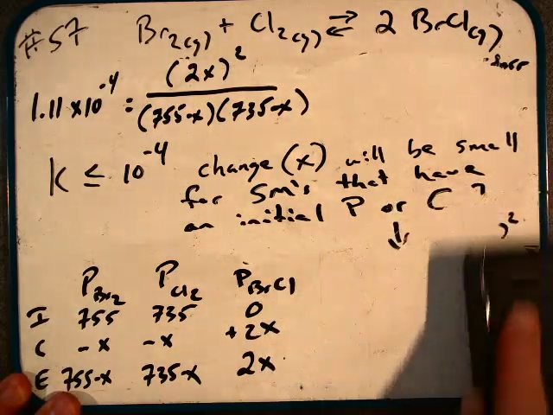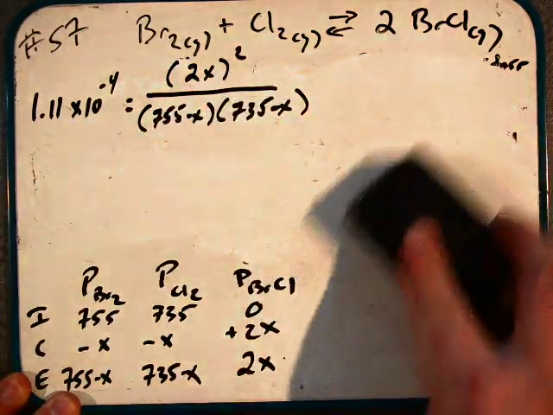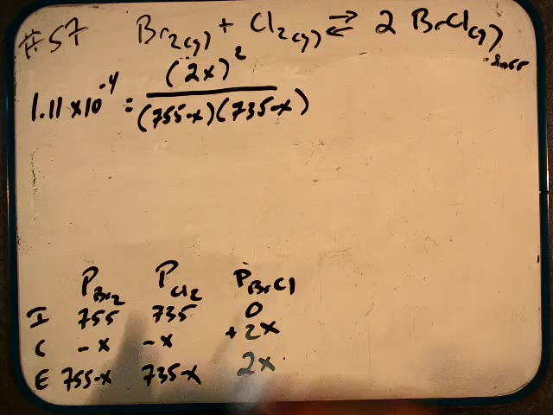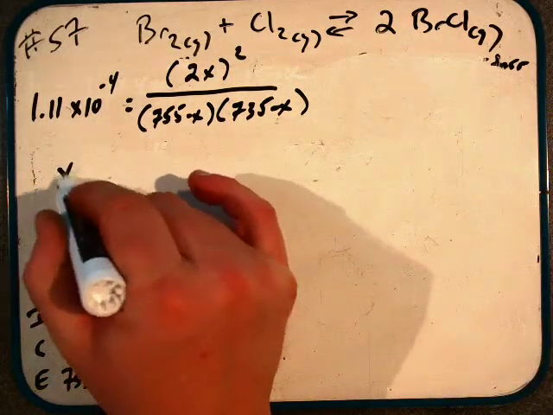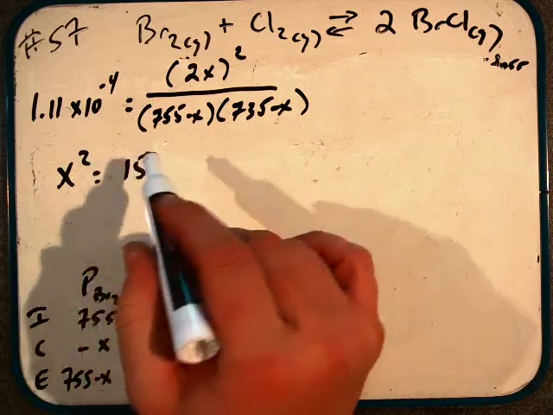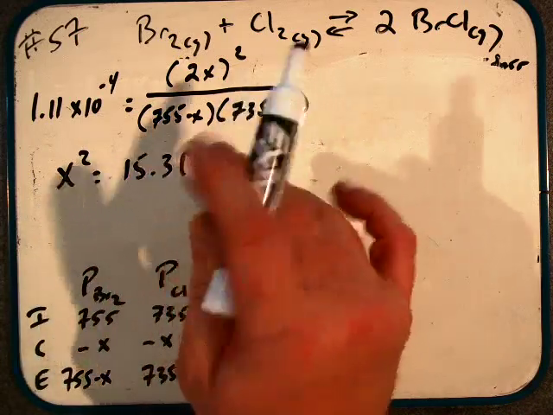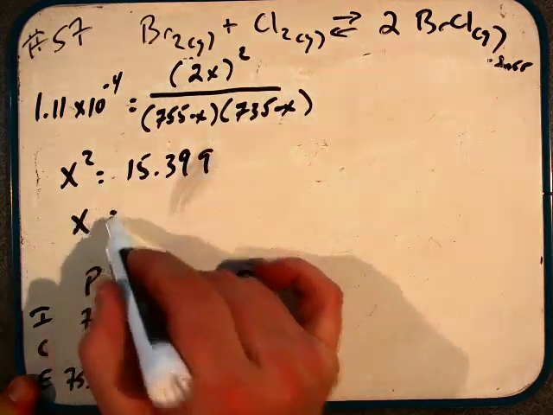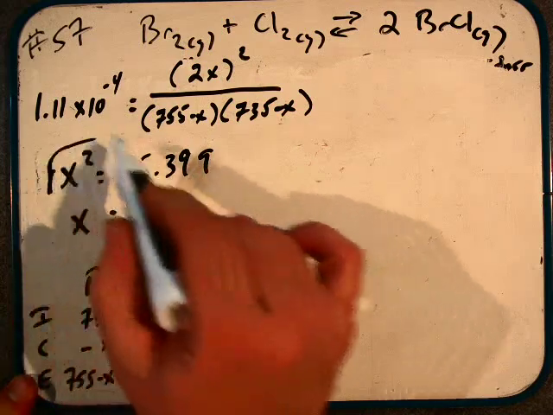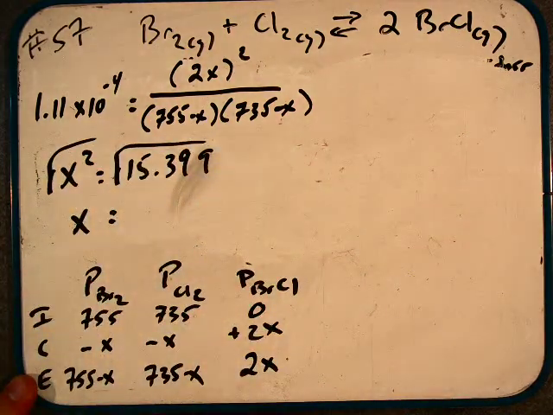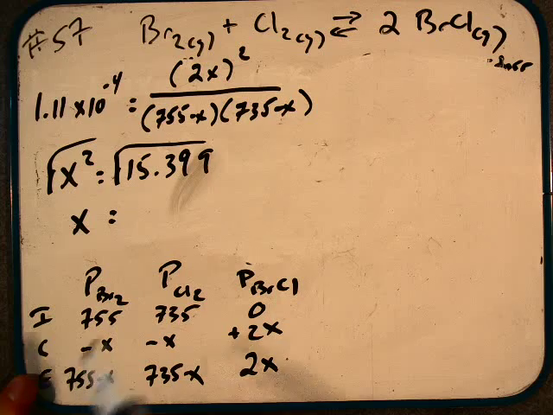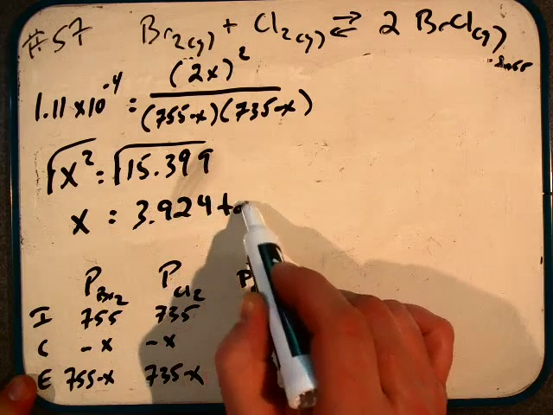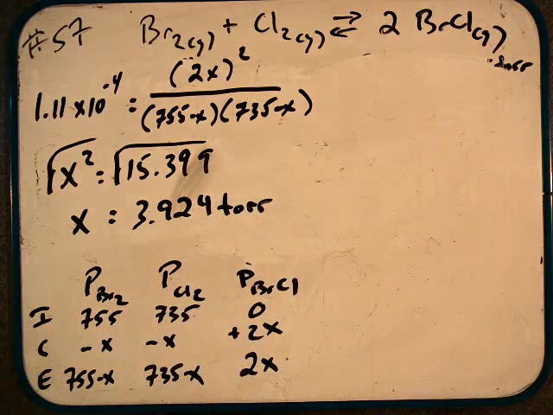I'm going to make some room. And so we have now at this point our x squared equal to that 15.399. And so that means x would be equal to the square root of 15.399 to give us a value of 3.924, and that would be in terms of pressure, or torr.